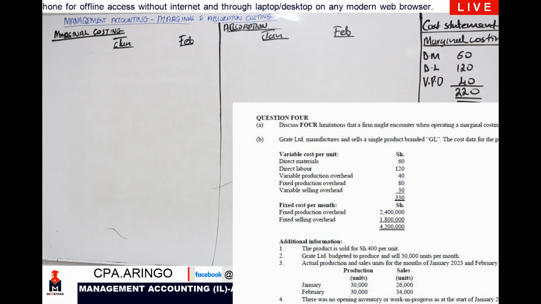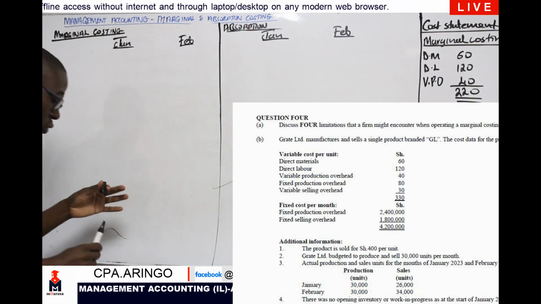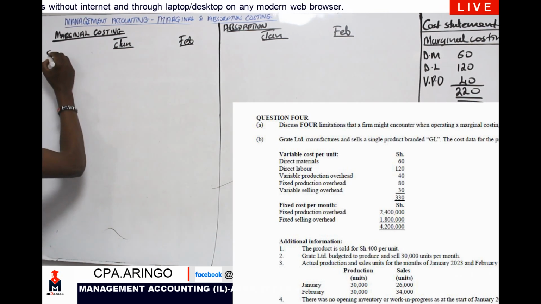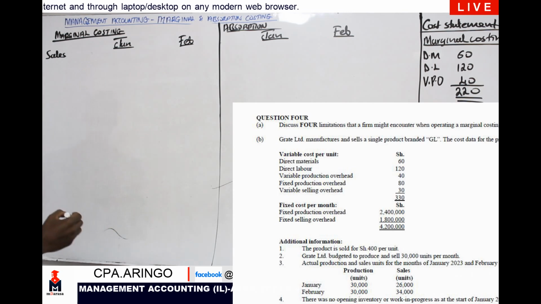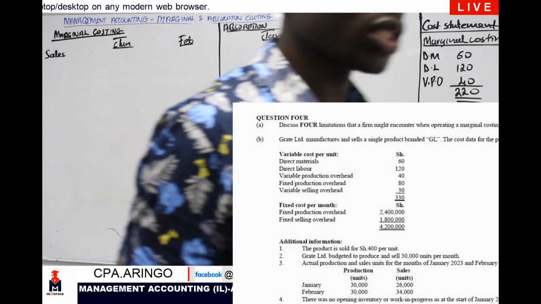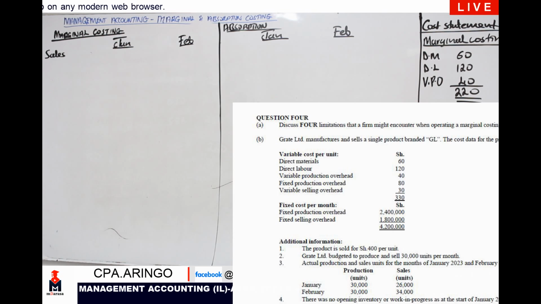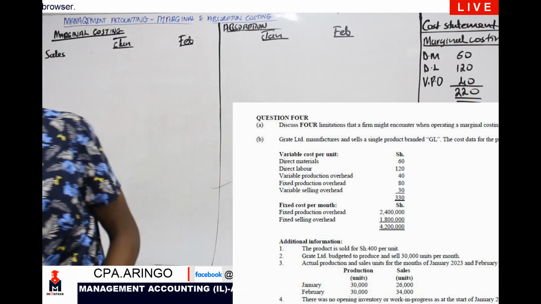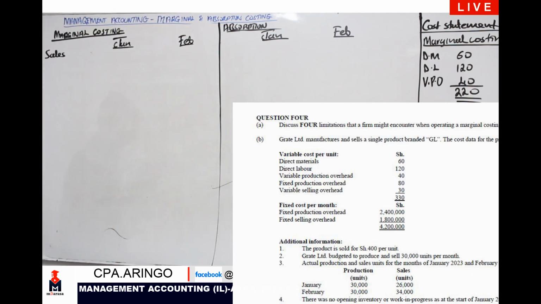Of course, we're going to start with our sales. What are we told in relation to our sales? Let us go to note number 3. If you check note number 3, we are told that sales were 26,000 units. So I'm going to have 26,000 by our selling price, which was in note number 1, 400.